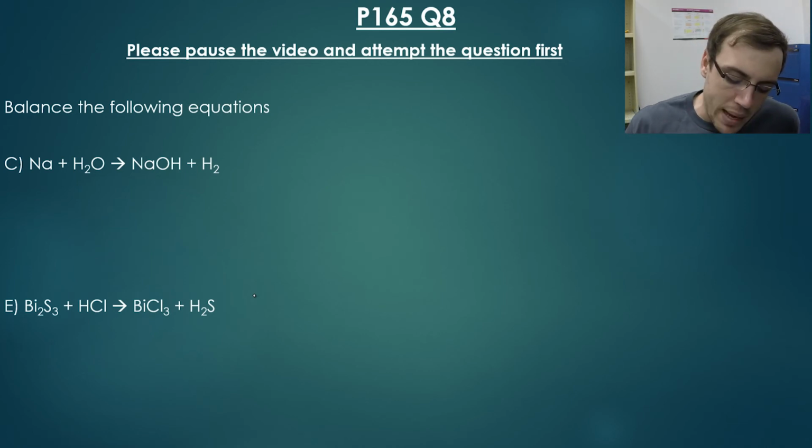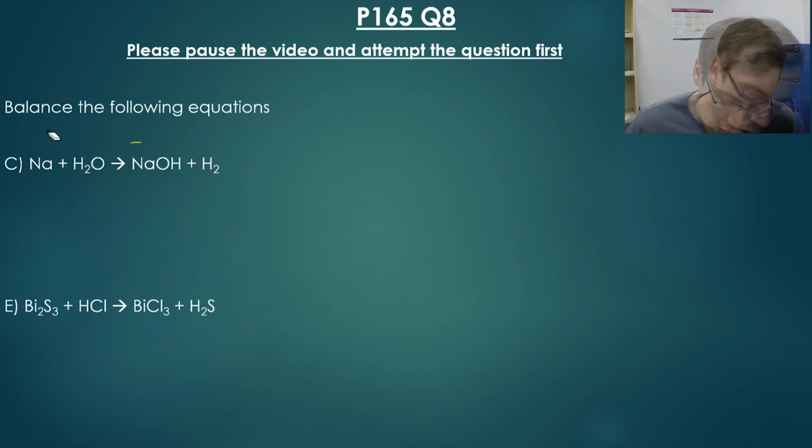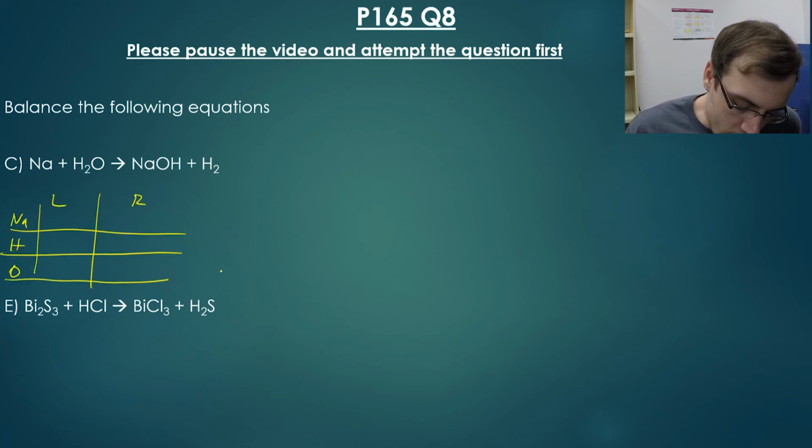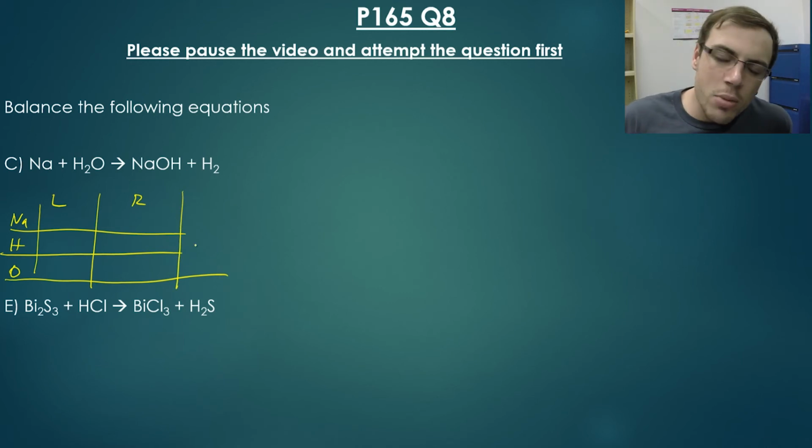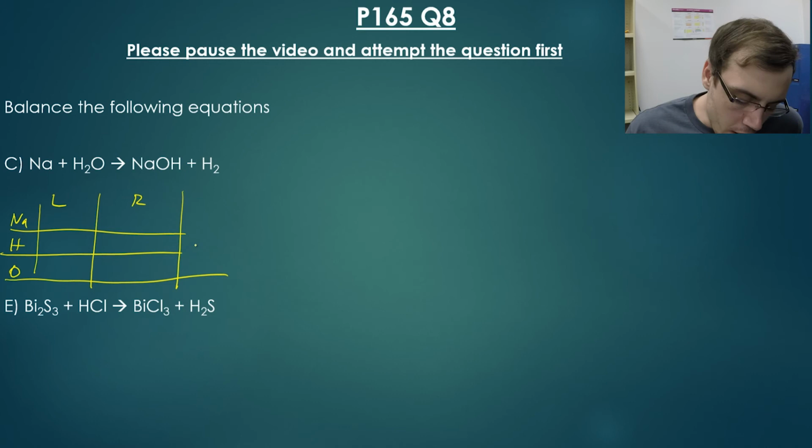So the question says, balance the following equations. So what we do is, we need to look and make sure that everything on the left equals everything on the right. So I'm going to draw out my table, so left. Now I do recommend that you draw this in pencil, as sometimes it can be a little bit messy if you're doing it in pen.